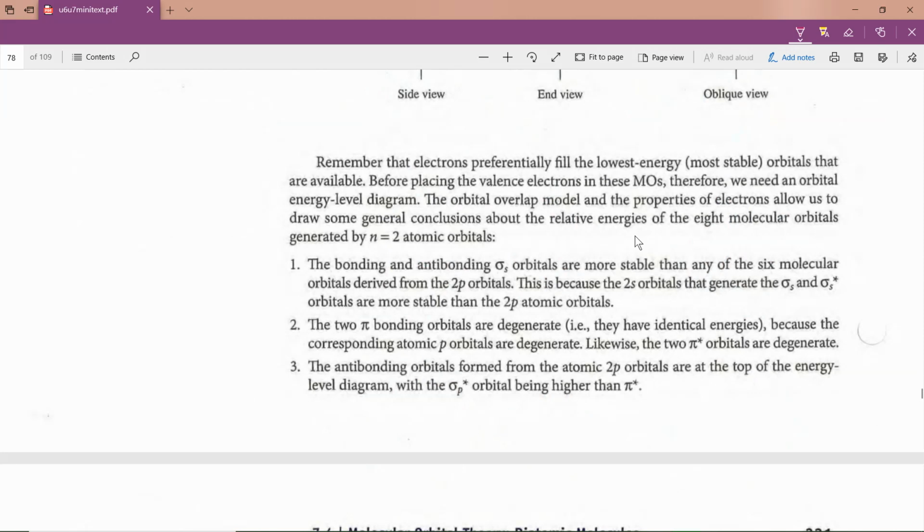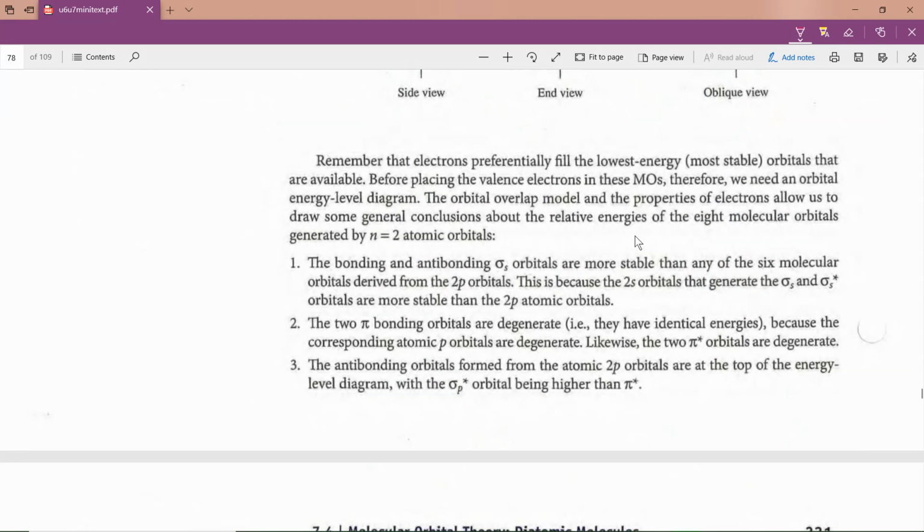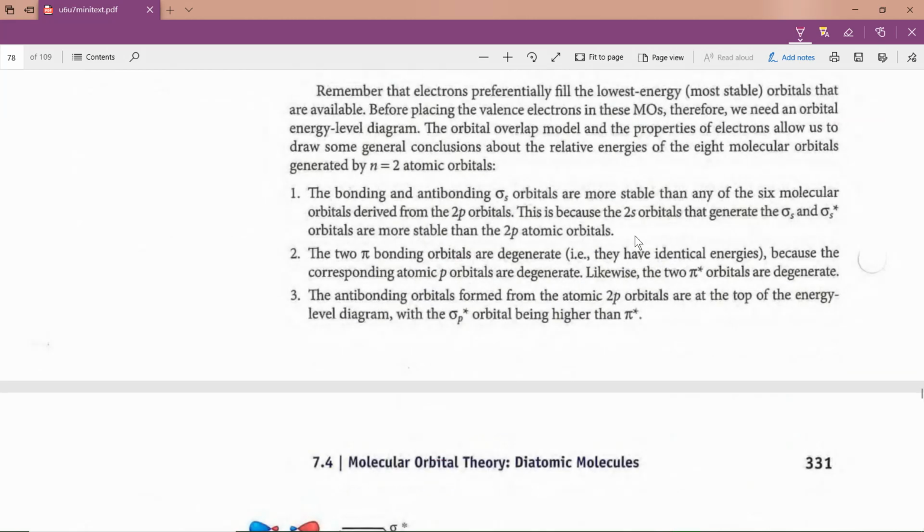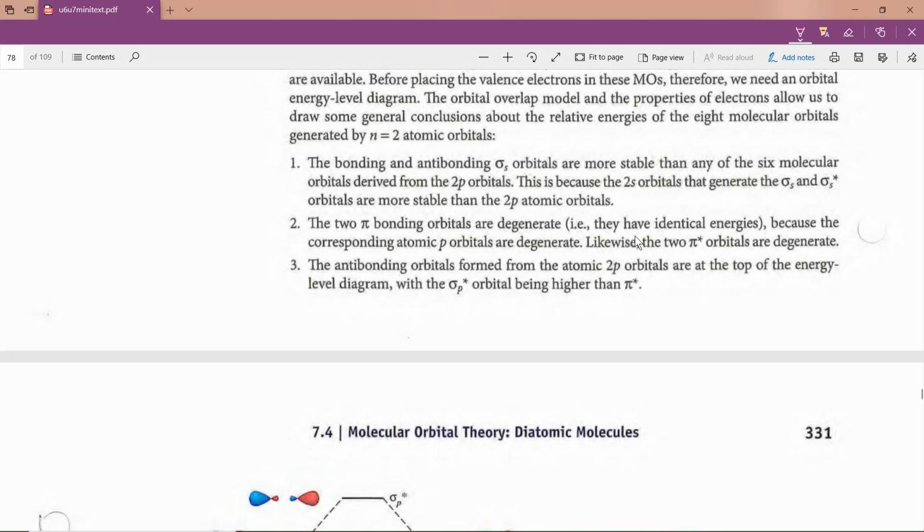Some conclusions, though, with 8 molecular orbitals generated by n equals 2 atomic orbitals. So the bonding and antibonding sigma s orbitals are more stable than any of the 6 molecular orbitals derived from the 2p orbitals.